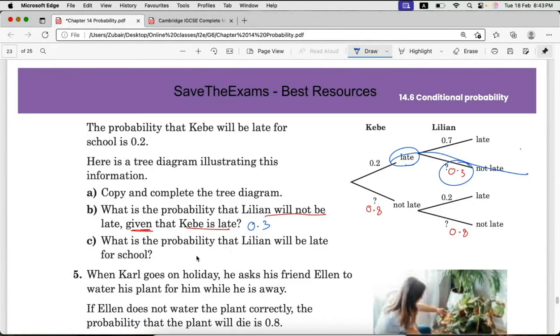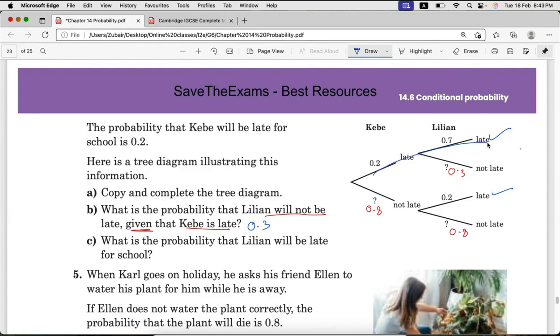Then what is the probability that Leland will be late for school? Now this time, she will be late on this and this option. No matter what happens, she'll be late.